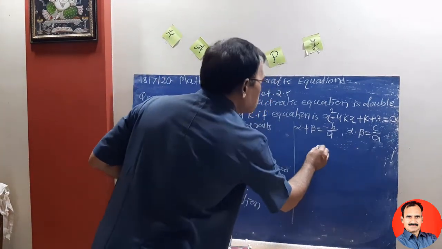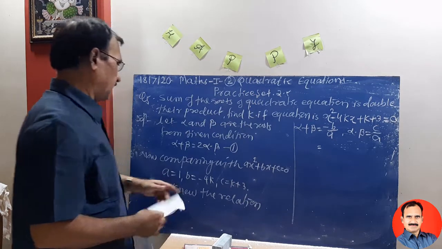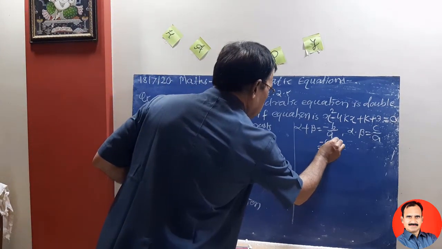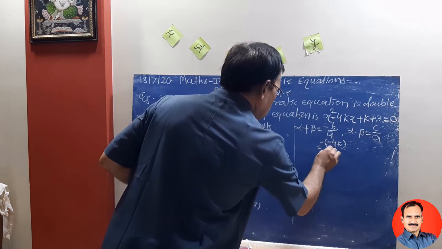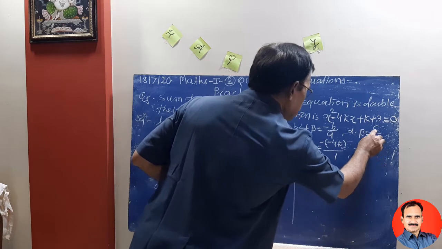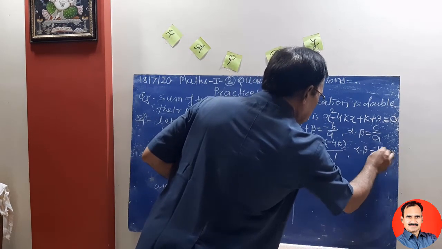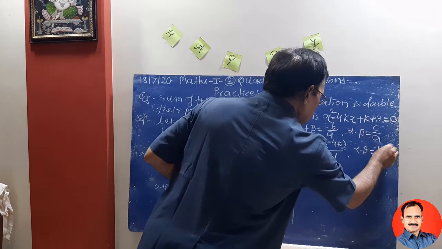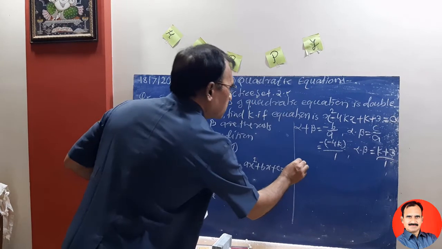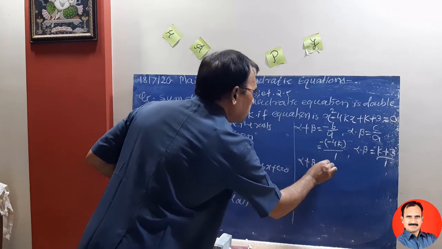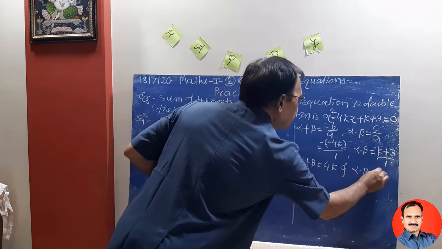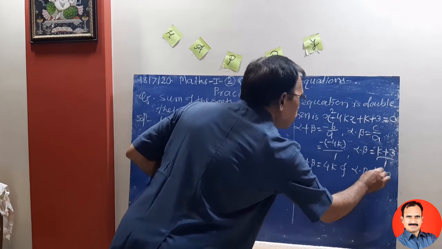Then put the values. Is equal to minus b, here minus in bracket minus 4k divided by 1, and here alpha into beta is equal to k plus 3 divided by 1, means alpha plus beta is equal to 4k, and alpha into beta is equal to k plus 3.